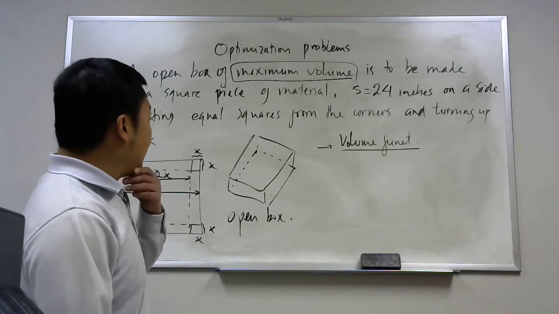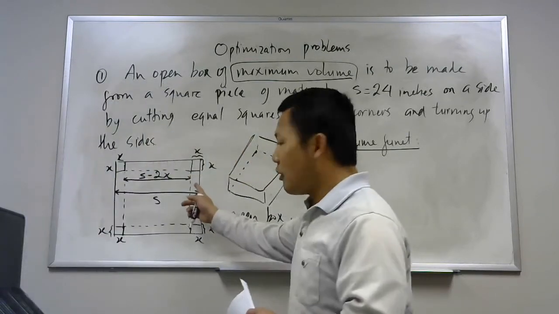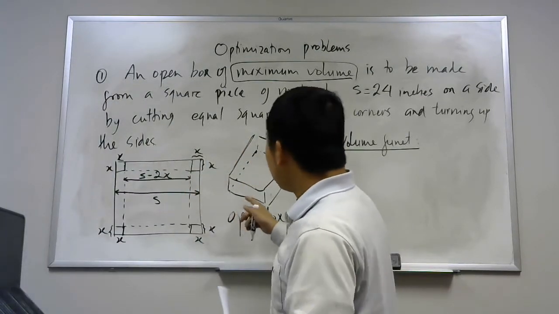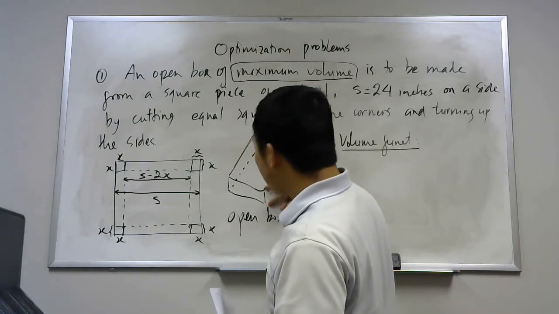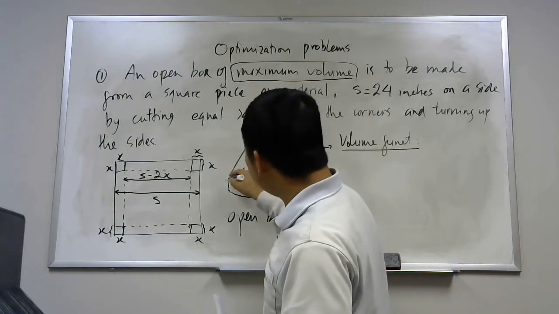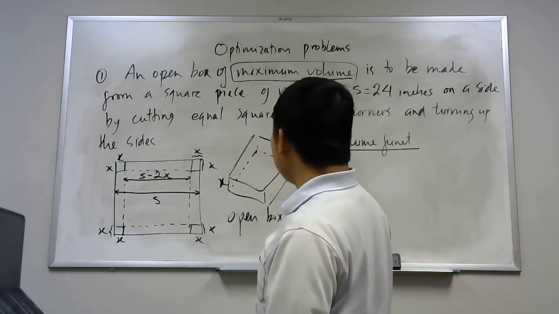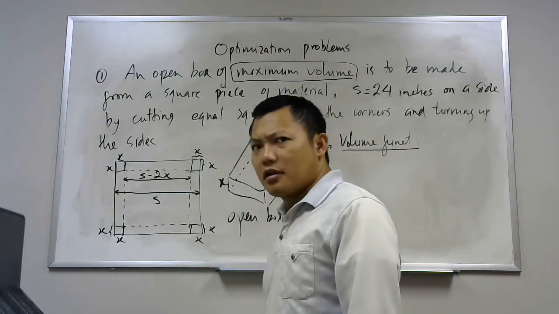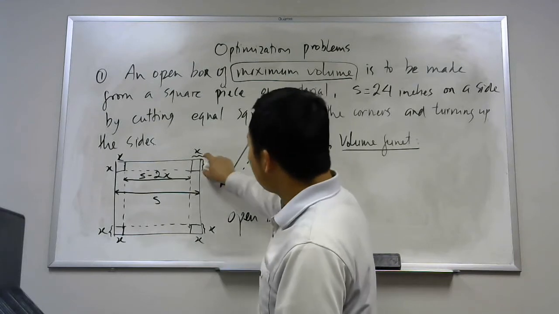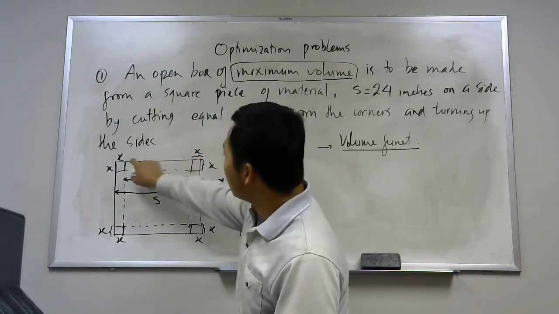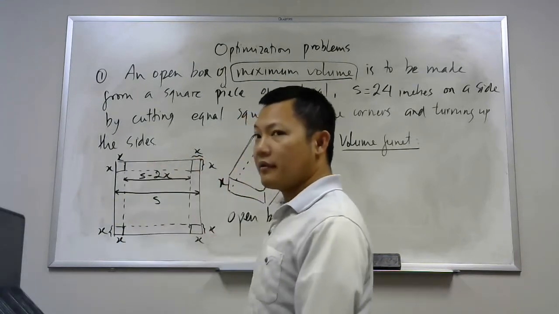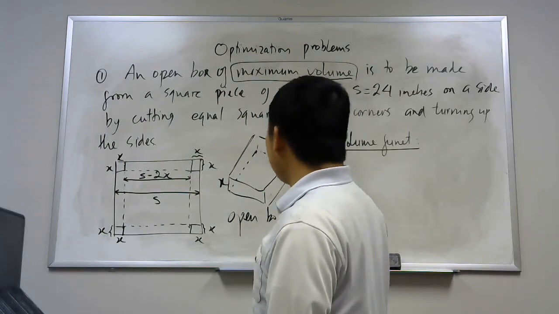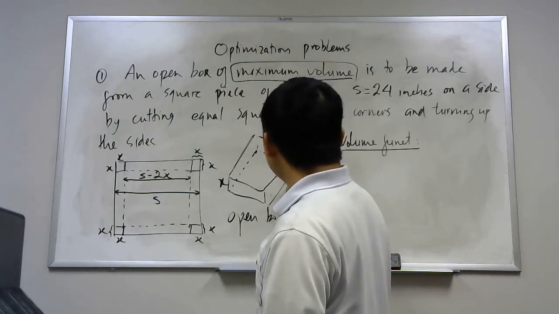So let's say, what do we have? If you compare this picture and this picture, basically we make a corner. So the height of this box should be x. And of course the base of this box is also square, because we cut 4 corners in here, and 4 corners have the same side. So basically we need to find this side.